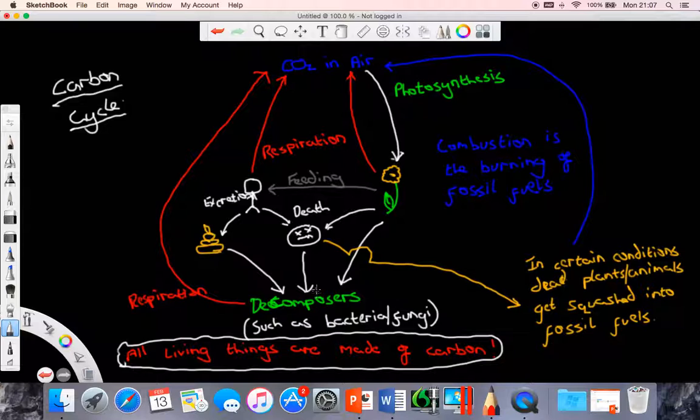However, sometimes dead things do not get broken down by decomposers because the conditions aren't correct. So when they don't get broken down by decomposers, they become fossil fuels. And when they become fossil fuels, they get burnt in a process known as combustion, which releases carbon dioxide in the air, and the plants can absorb the carbon dioxide.